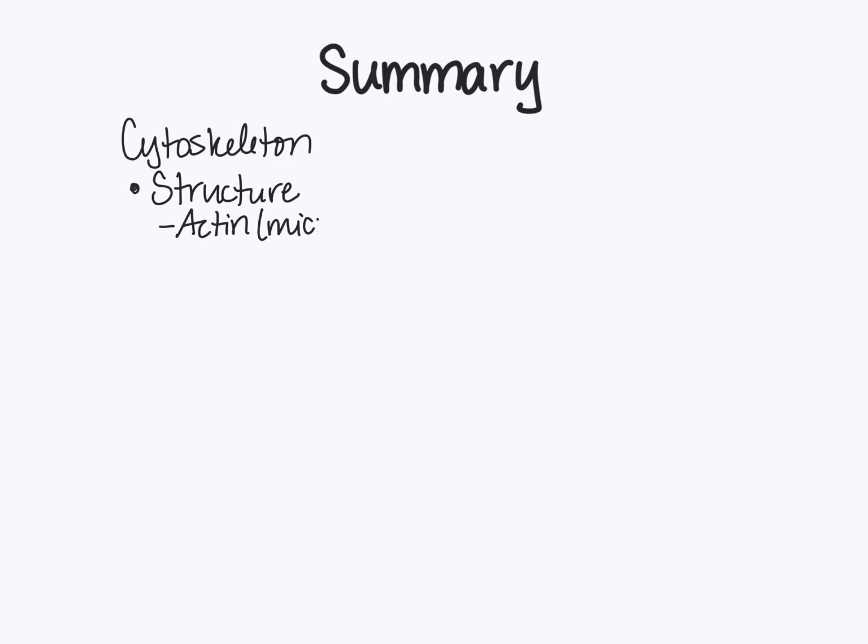So in summary, we're talking about the cytoskeleton and referring to the structure of the cytoskeleton, which is made up of three different types of proteins. We have actin, which are also called microfilaments.